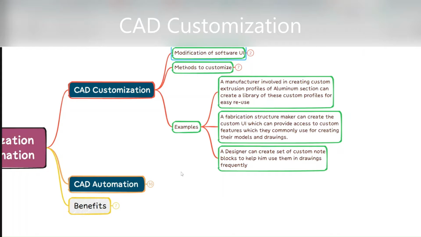Another example is a designer who can create a set of custom note blocks to use frequently in their drawings. So for example, you are working mainly with machining drawings, and there are several types of machining drawings that you work with, and there is a set note block that you use as a general information block, not a title block, but a general information note block in your drawing.